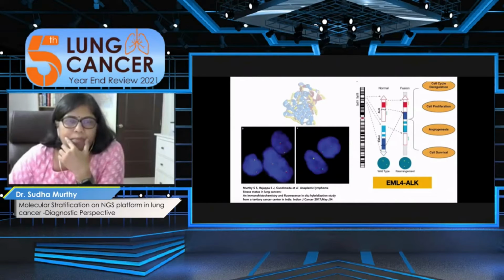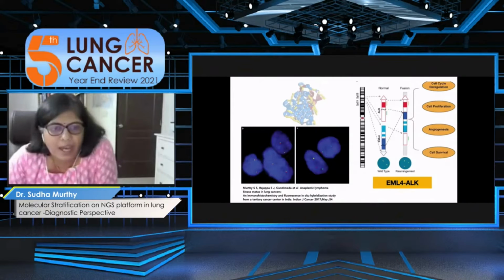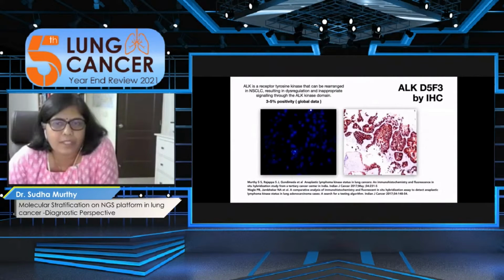And what has been observed in our country is that the frequency of ALK fusion in the Asian counterparts is higher, as has been seen in several papers from Tata Memorial, from my former institute Basavatarakam Indo-American, and Rajiv Gandhi, and many others who have seen ALK to be higher than the standard 3 to 5% positivity.